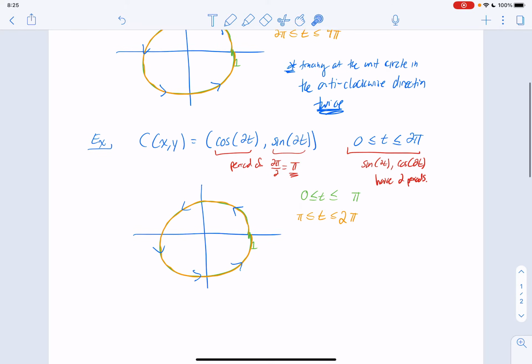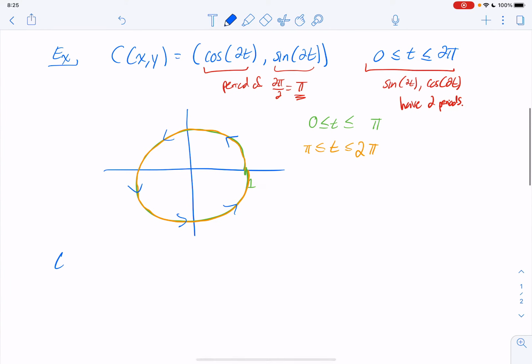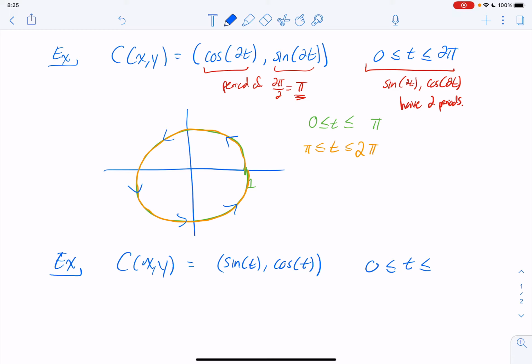If we did want to change the direction, another example of that is to take a look at c of xy, but instead we're going to swap out sine for the first coordinate and cosine for the second coordinate. And let's make t go from 0 to, say, 3 pi over 2.